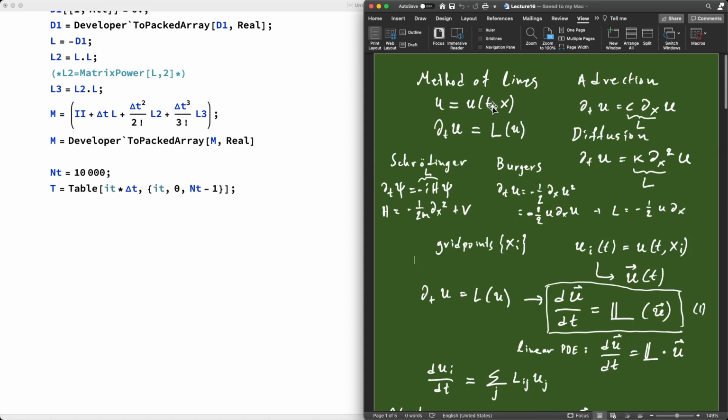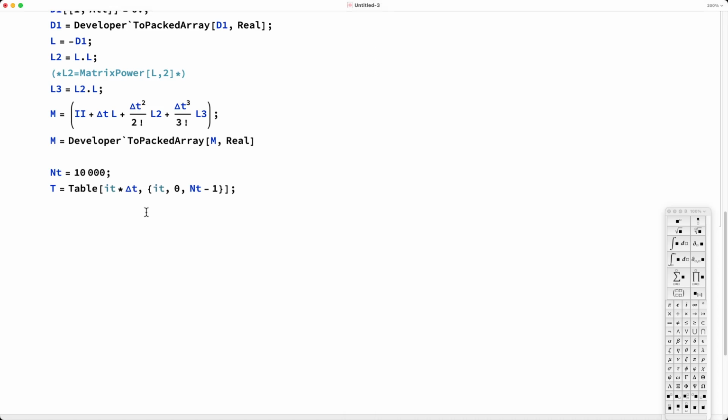The first index will represent time, and the second index will represent space. So first, let me declare that using the ConstantArray command. So that creates a matrix with size nt by nx, where nt is the number of time points and nx is the number of spatial points. And I set everything to 0.